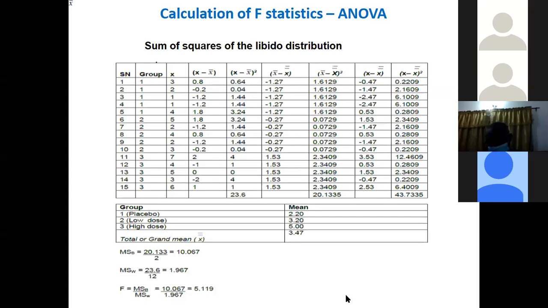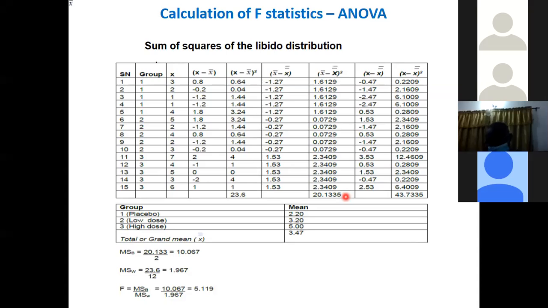Now, having done that, what you have done is to calculate the sum of square within, between, and total sum of square. The F ratio you are calculating is actually the variance between divided by the variance within.